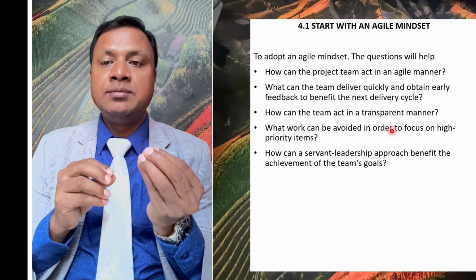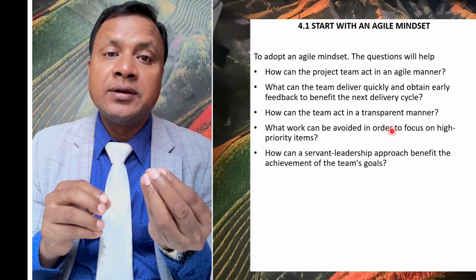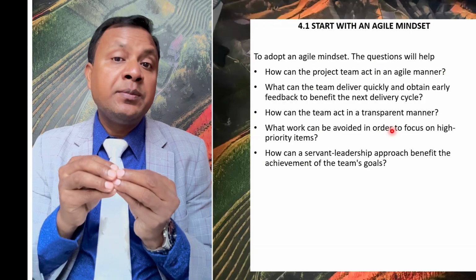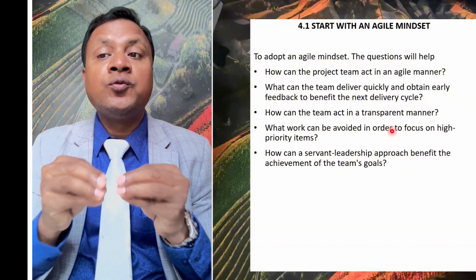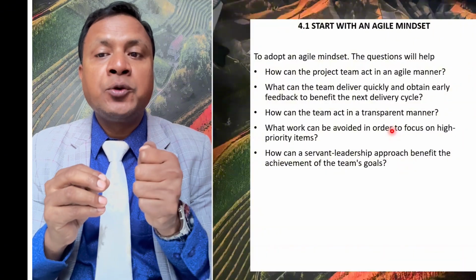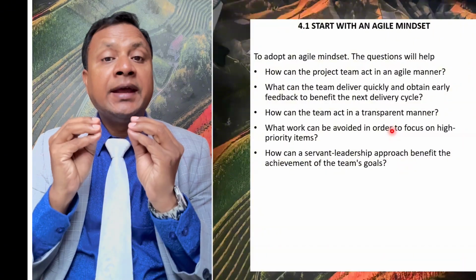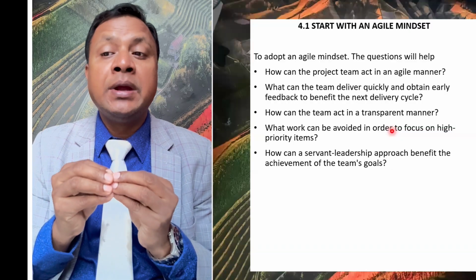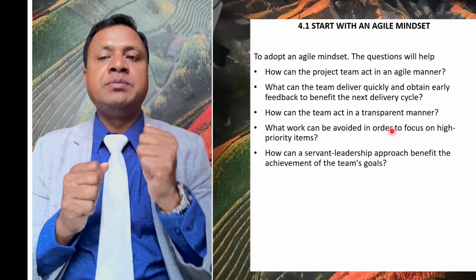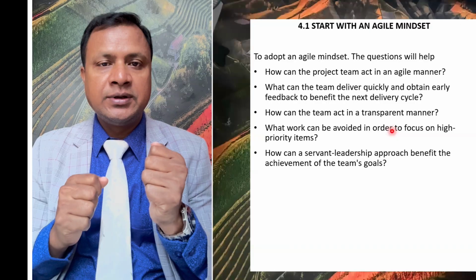How can the team act in a transparent manner? What work can be avoided in order to focus on high priority items? And how can a servant leadership approach benefit the achievement of the team's goals?